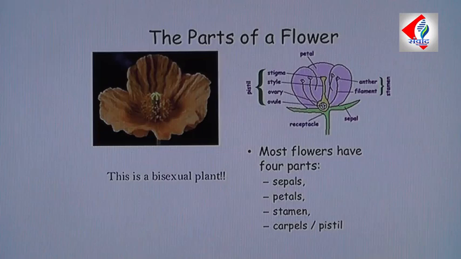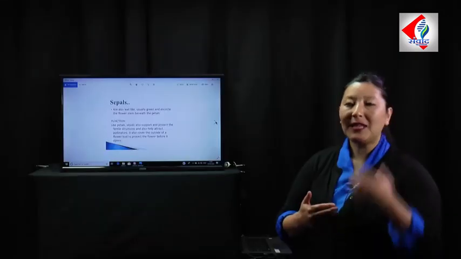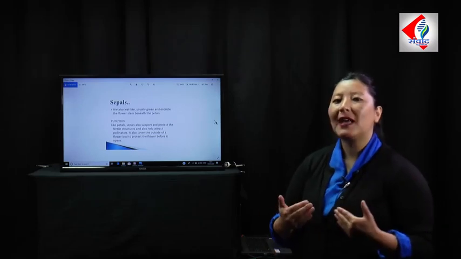Bi means 2, so it has 2 sexual reproductive organs. Stamens and carpels are the reproductive organs of the plant. So if both are present in one flower, it is called a bisexual flower. If it has either stamens or carpels, also called the pistil, then it is known as a unisexual flower.